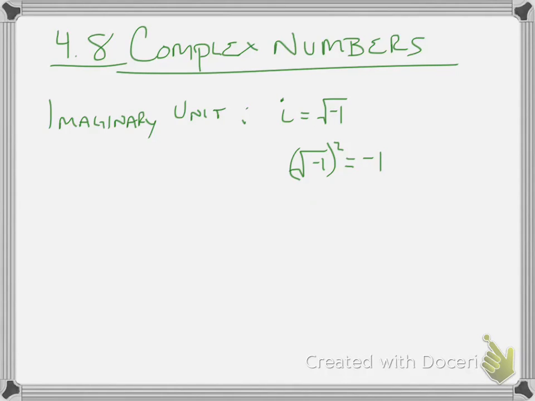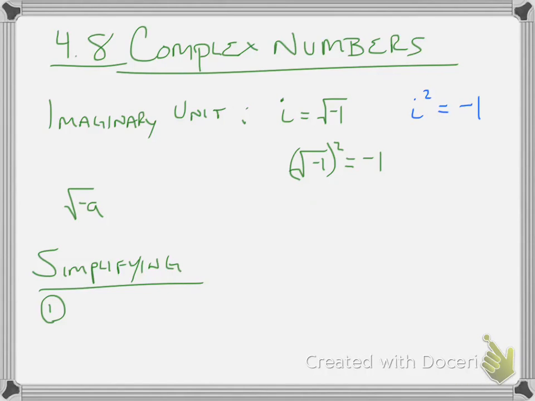What that means is that i squared, because i is the square root of -1, is going to equal -1. Anytime i squared shows up in a problem, you're going to replace it with -1.